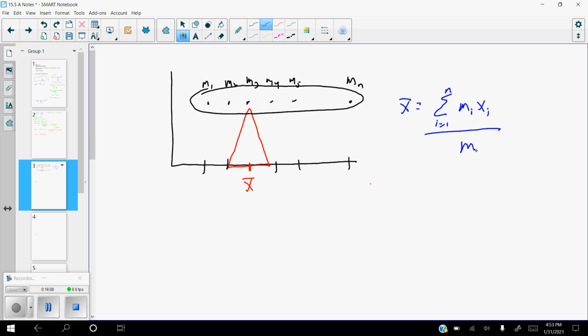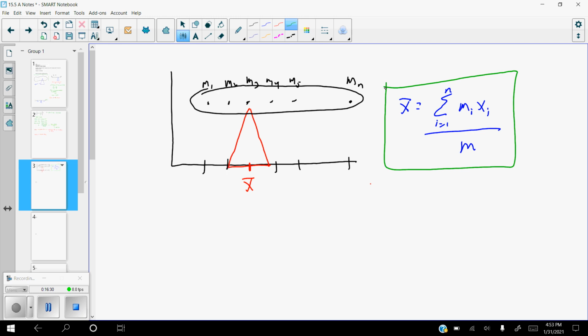So that's an easier formula probably to use, especially if you start getting a large number of different masses that you have to add up. But it says the same thing. The top part really just says add up all the m's times x's and then divide the whole thing by your total mass. And that's going to give you your center of mass.